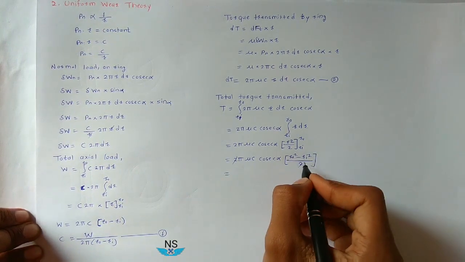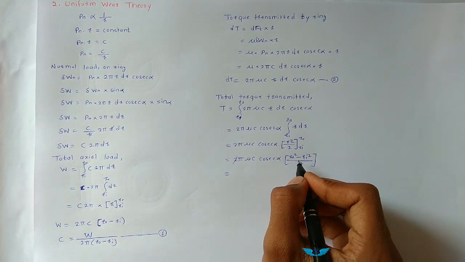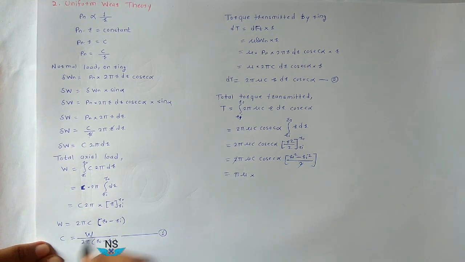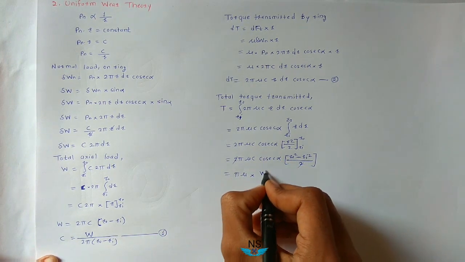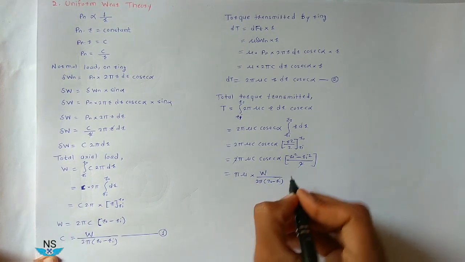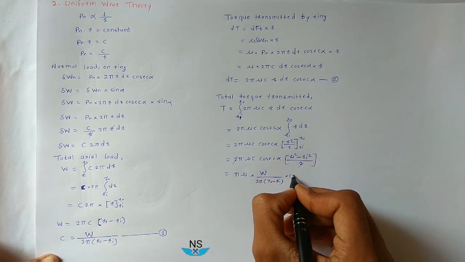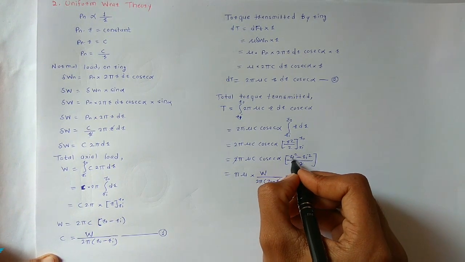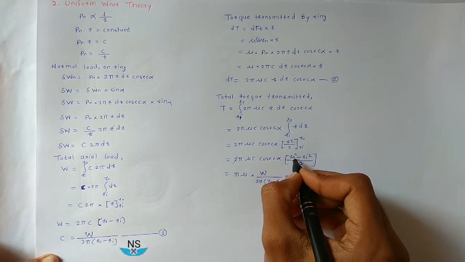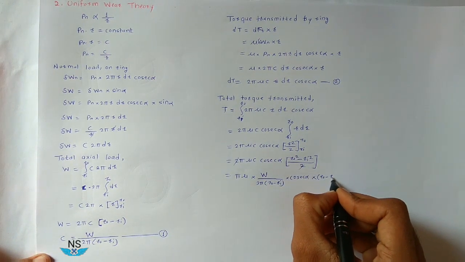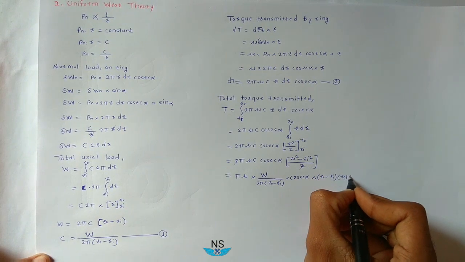So 2 gets cancelled. Now that is equal to pi mu, and the value of C from equation 1 is W divided by 2 pi into Ro minus Ri, into cosec alpha, into Ro square minus Ri square. You know that the factors of a square minus b square are a minus b and a plus b. So Ro minus Ri into Ro plus Ri.